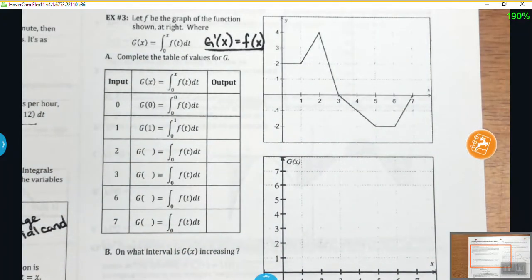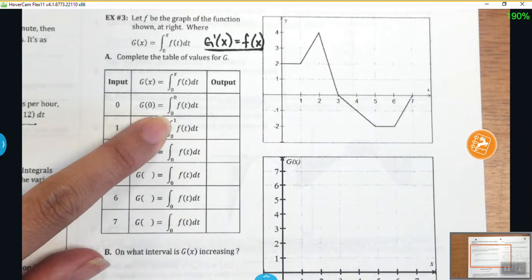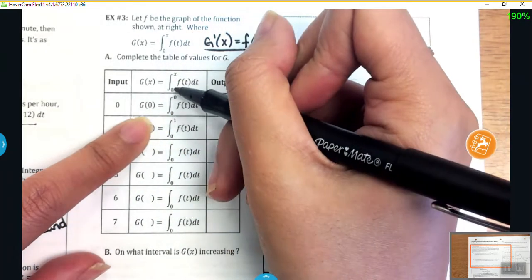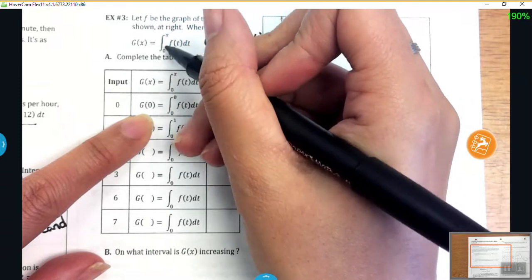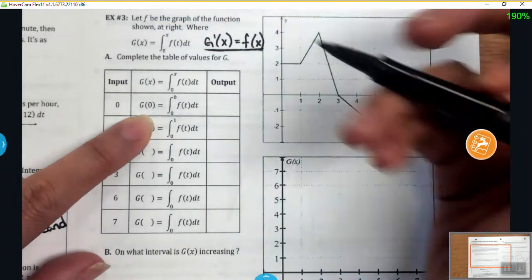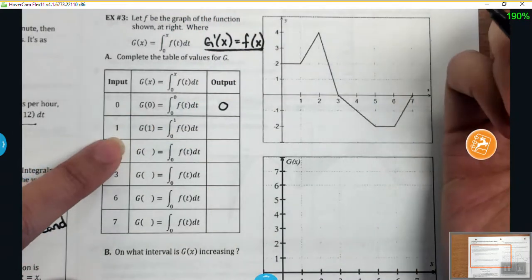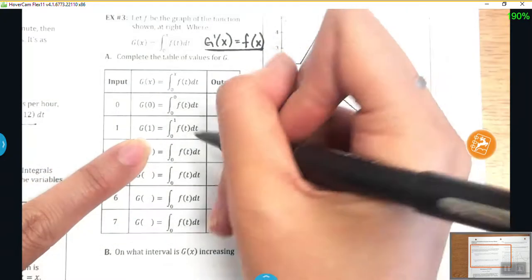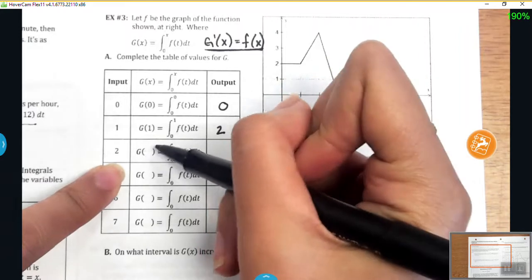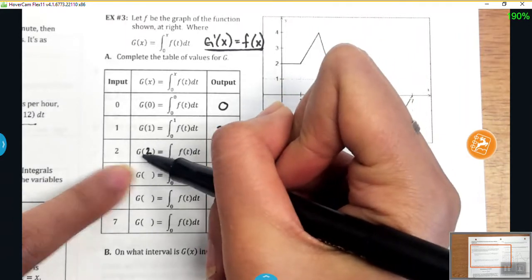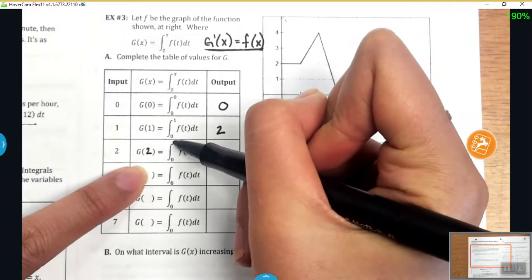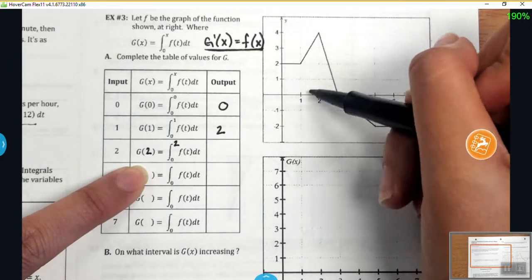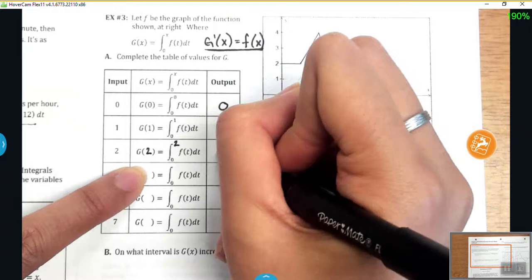Okay. If I want to find what g of 0 is, I integrate from 0 to 0 on this function, so what's that? And if I integrate from 0 to 1, then g of 1 is. If I want to find g of 2, I integrate from 0 to 2. So 2, 4, 5.